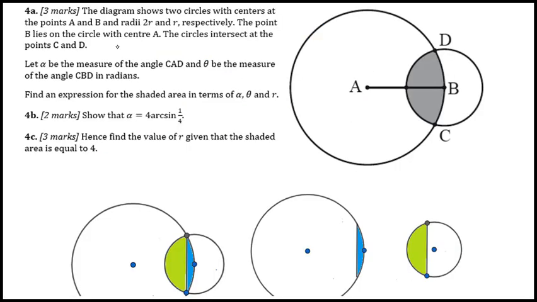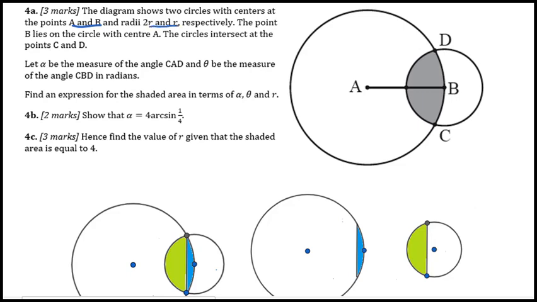Let's go to 4a. The diagram shows two circles with centers at points A and B, and radii 2r and r, respectively.